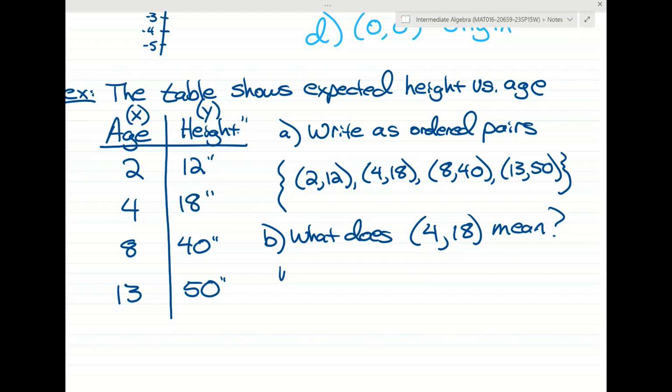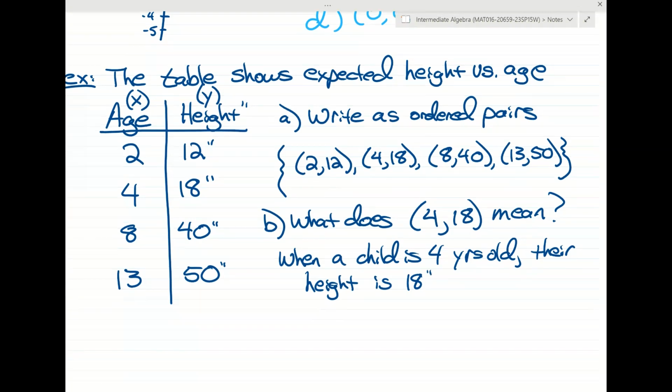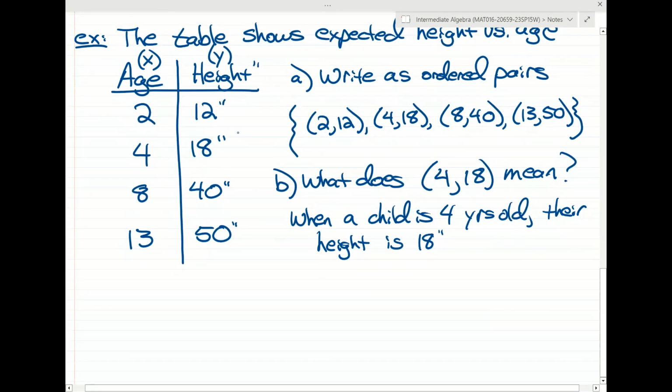Well, this just means when a child is 4 years old, their height is 18 inches. And the last question would be, what is the trend?